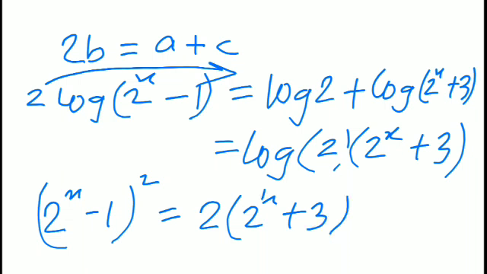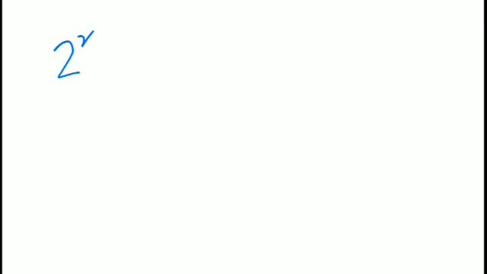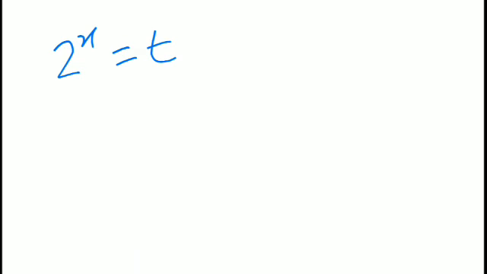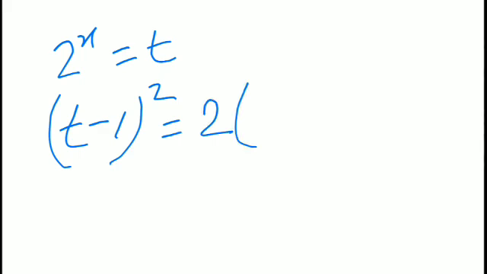Alright, now I can see that 2 to the power x ही मेरा खाली वेरिएबल के टर्म में है. So what I'll do is I'll take 2 to the power x is equal to t. ठीक है, तो मेरा सेम चीज क्या हो जाएगा, t minus 1 whole square is equal to twice of t plus 3. Right?